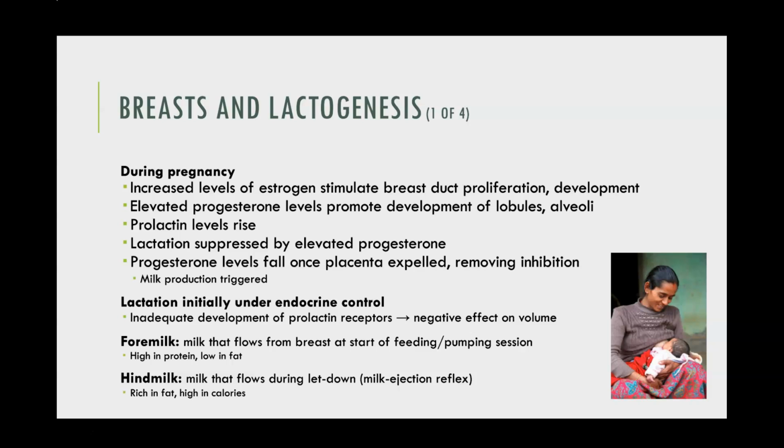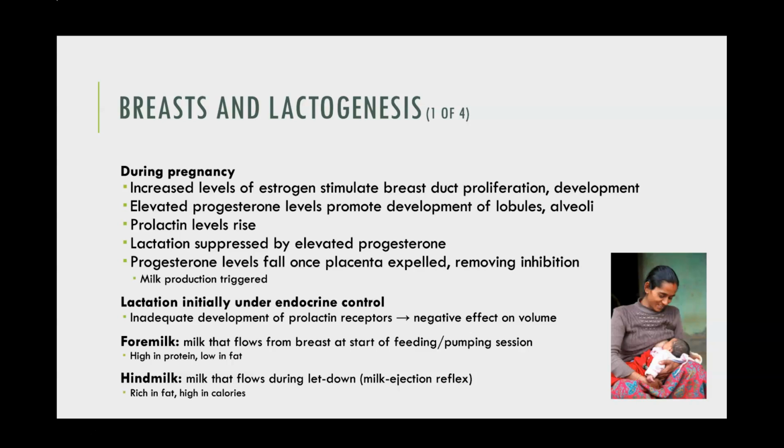Elevated progesterone levels will promote development of lobules and alveoli. Prolactin levels will also rise during pregnancy, but the lactation itself is suppressed by the elevated progesterone.